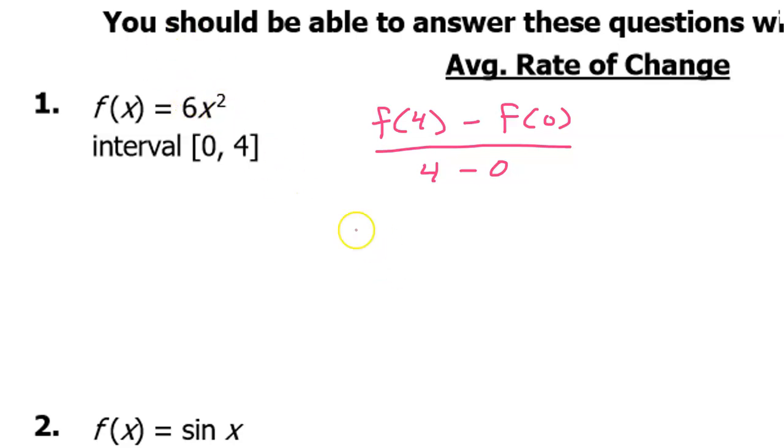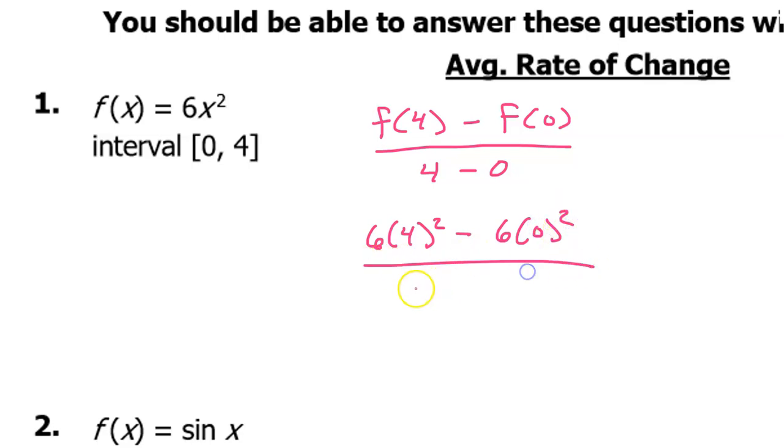Substituting 4 for x, we have 6 times 4 squared minus 6 times 0 squared over 4 minus 0. Well, 4 squared is 16, so let me write 6 times 16. And then 0 squared is 0, so the second term is really gone. So I have 6 times 16 over 4.